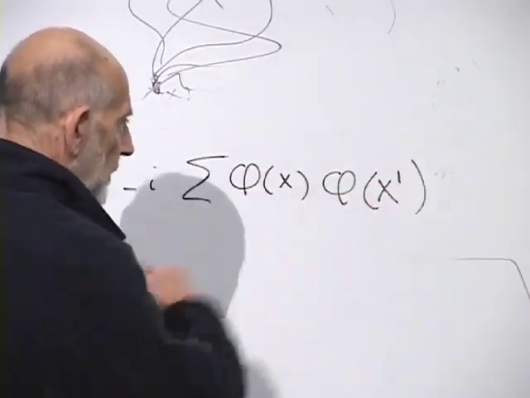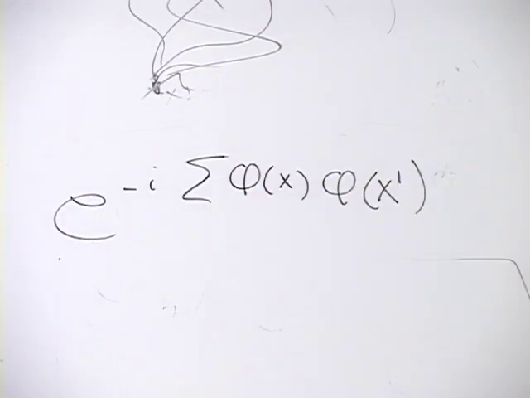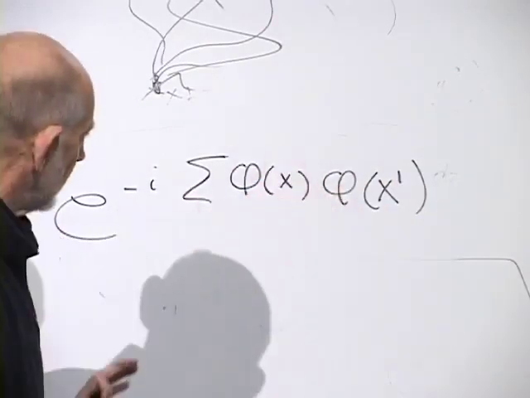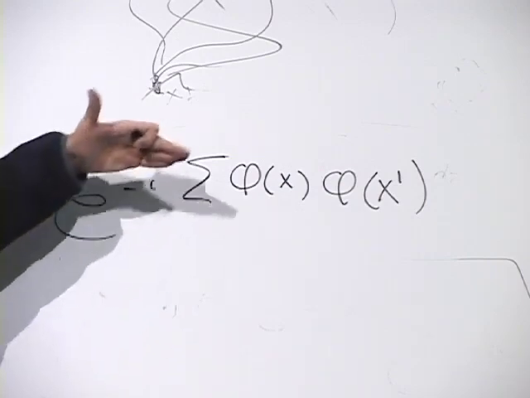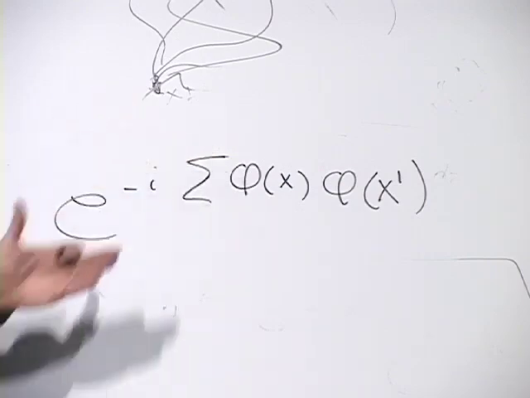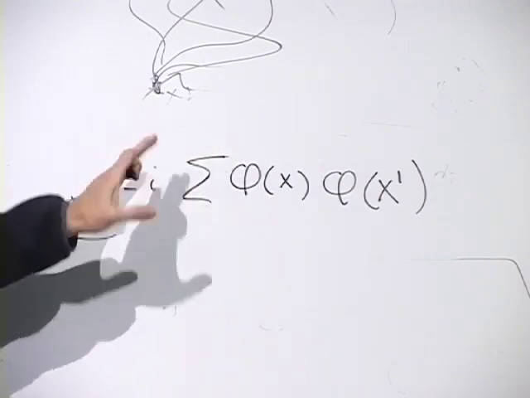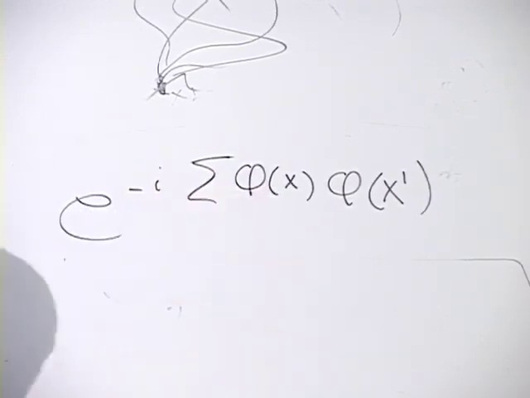I'll use the notation x and x prime to represent neighbors on the lattice. That's what goes into the action, or that's what goes into the exponential of the action. There are some coefficients in front of it, of course, but that's of secondary importance.